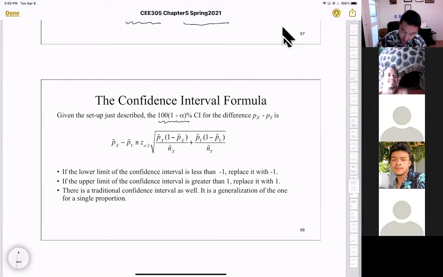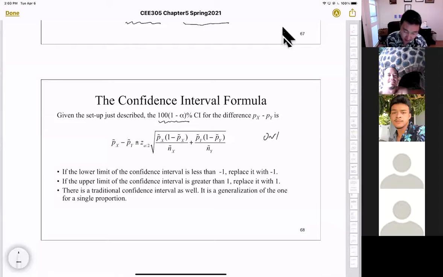Because for a proportion the value is between 0 and 1, there is a lower limit for the difference between two proportions. The lower limit will be minus 1, when px minus py is 0 minus 1. So the confidence interval for the difference between two proportions cannot be lower than minus 1.